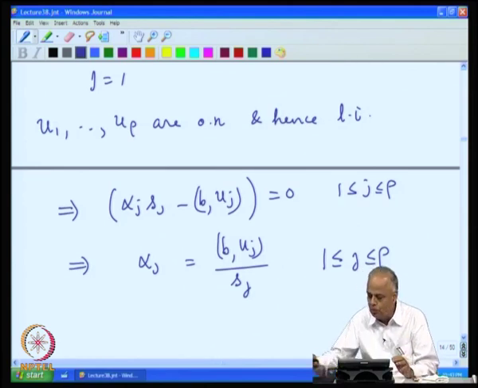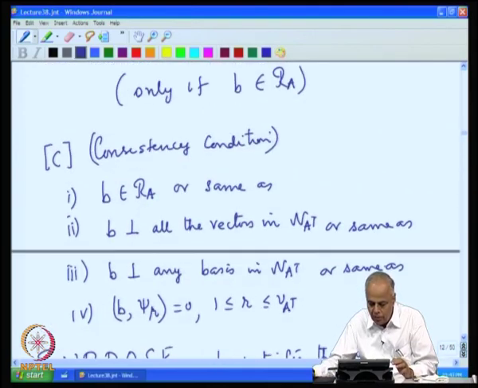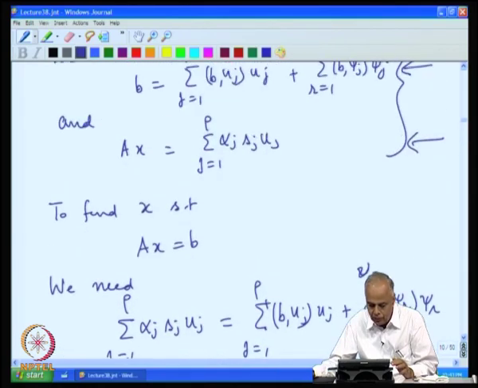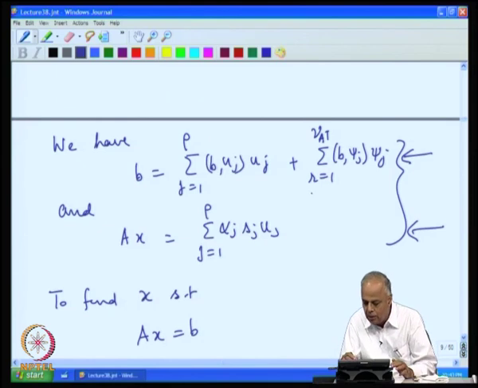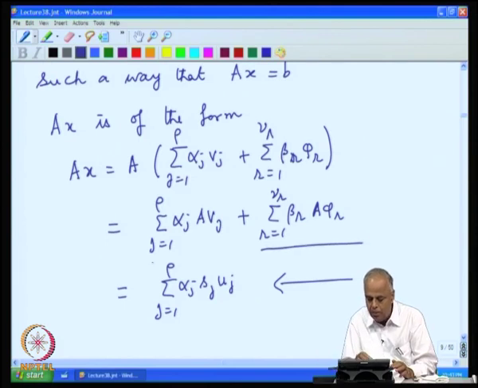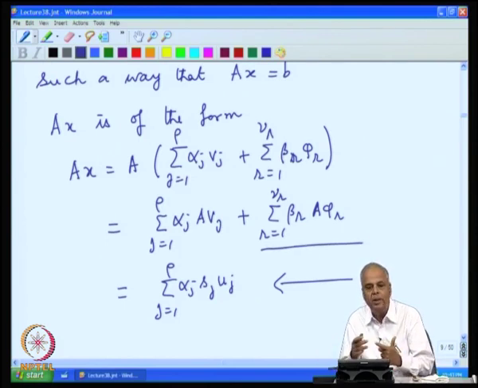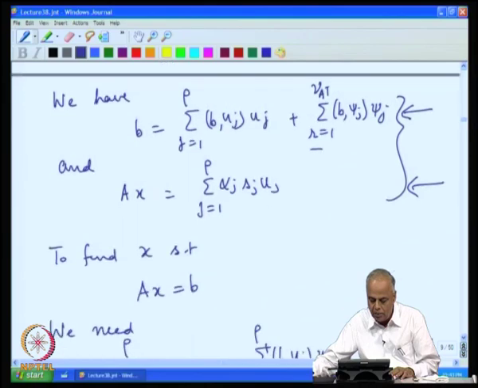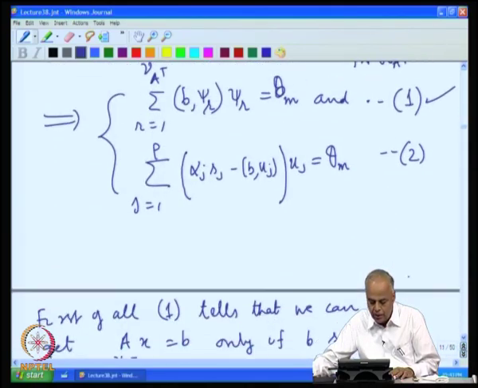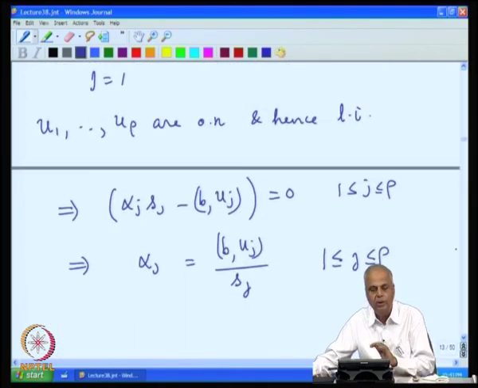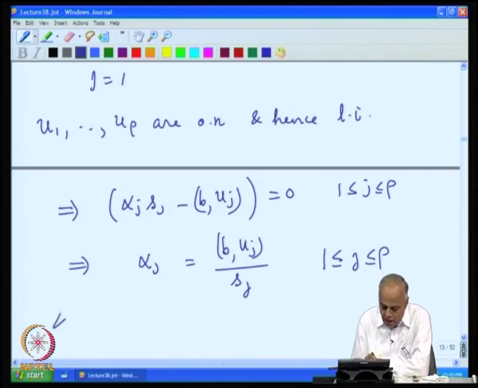Whatever beta j's you choose, they are not going to affect your solution, because when we computed A x, the beta j's disappeared completely, since A phi was 0. So, the betas can be chosen in any way we want, and thus the alphas have to be chosen as we have here, alpha j equal to b transpose u j by s j, and the beta r's can be chosen arbitrarily.